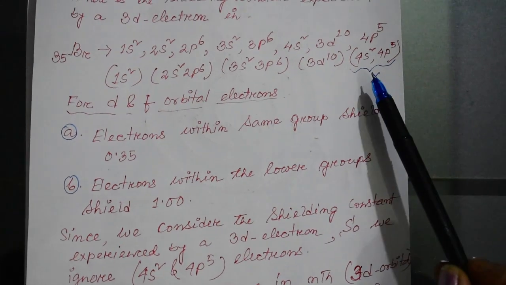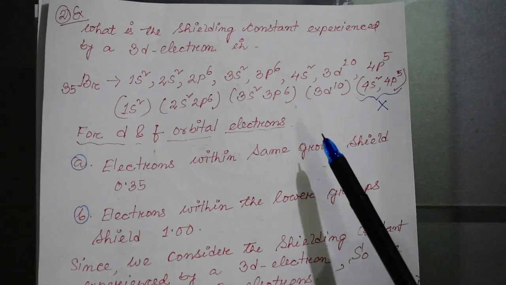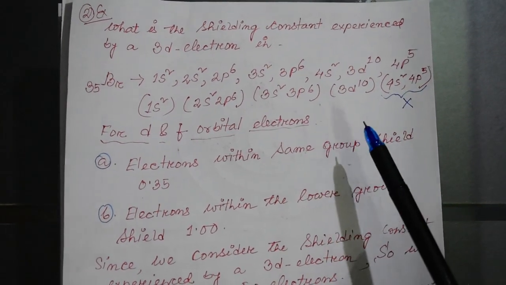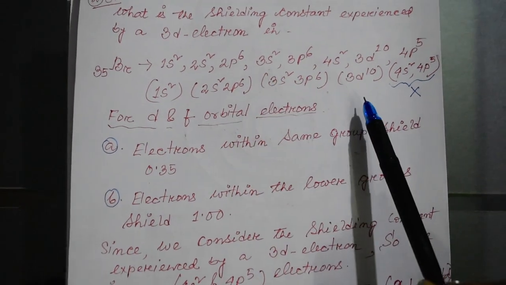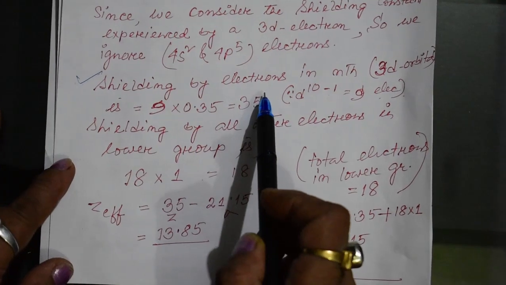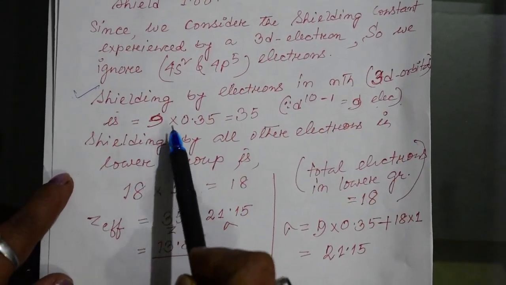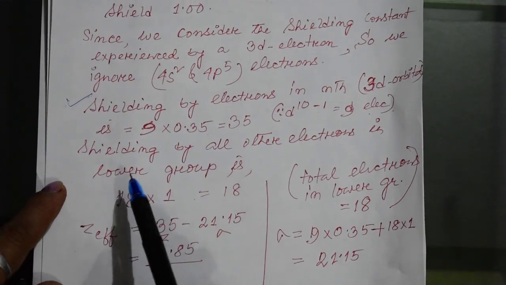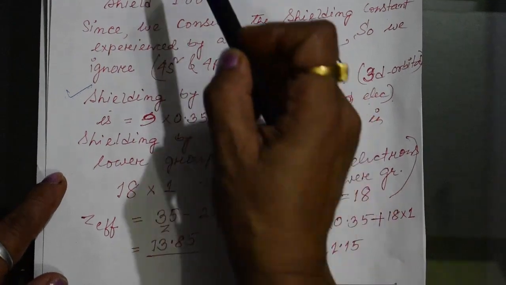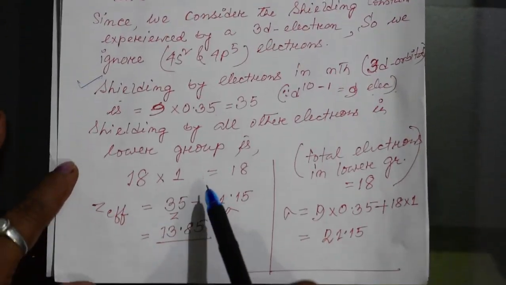Here, 4s2 and 4p5 do not contribute towards the screening, because we have to calculate the screening constant experienced by only the 3d electron. Therefore, shielding by electrons in the nth orbital, that means the 3d orbital, is 9 into 0.35, and shielding by all other electrons in the lower groups contributes 1.00.